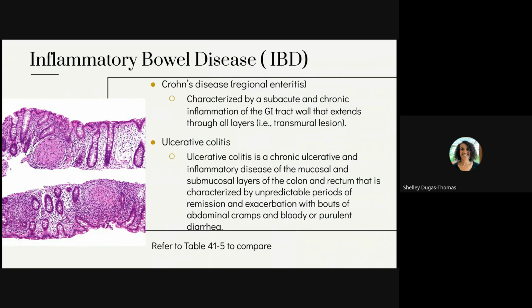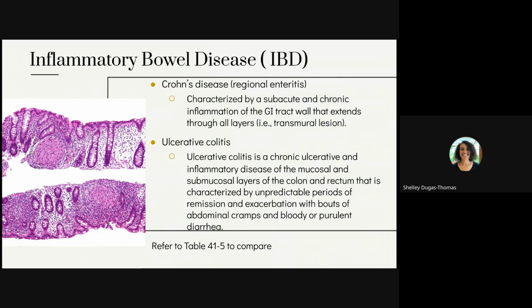Approximately 35% of patients have ileitis, which only includes the ileal involvement. 45% have ileocolitis, which is diseased ileum and colon, and 20% have granulomatous colitis, and that's only the colon involvement.